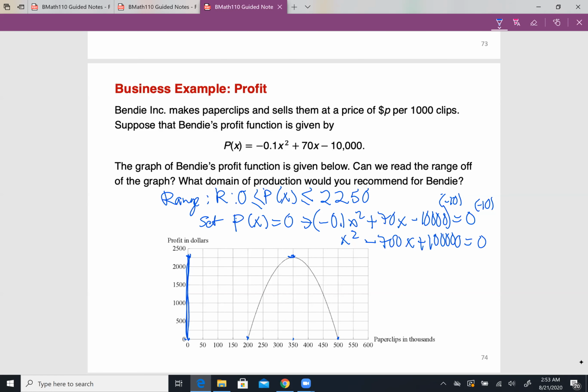And you can factor this by using the AC method. A times C is 100,000, right? A is 1 and C is 100,000, and B is negative 700. So we need 2 numbers whose product is 100,000 and whose sum is negative 700.